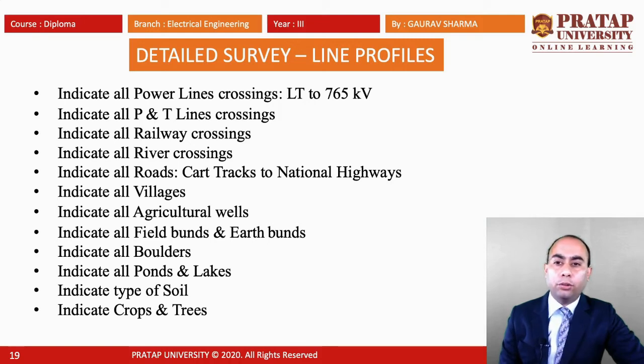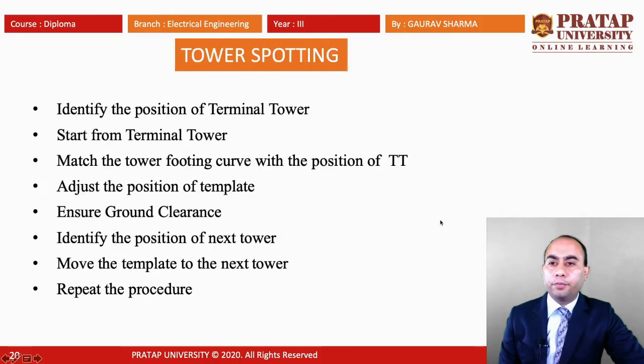We have to mark these things: all river crossings, all roads, cart tracks or national highways, all villages, all agricultural wells, all fields and earth bunds, all boundaries, all ponds and lakes, which type of soil, and crops and trees as per the location.